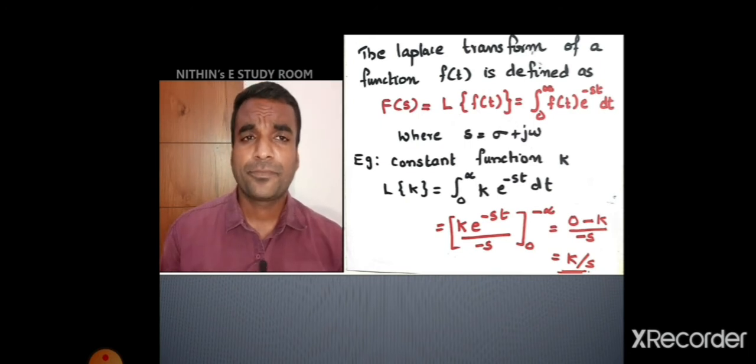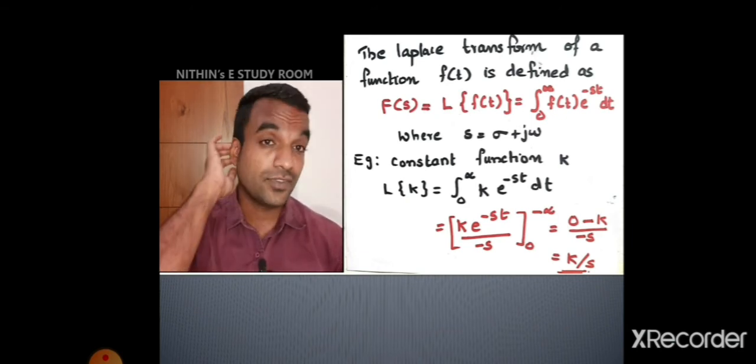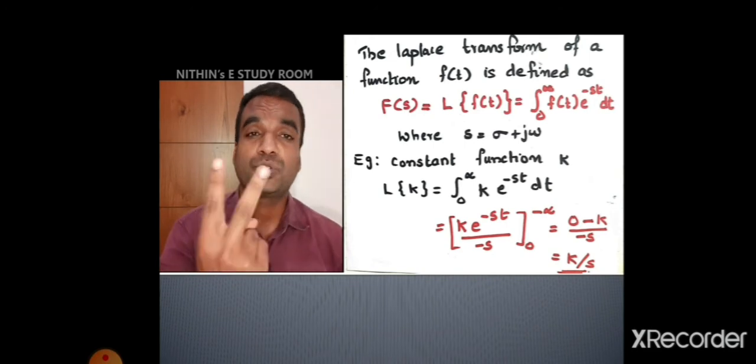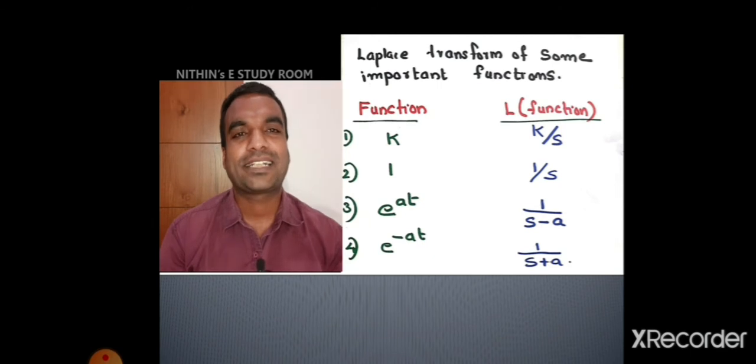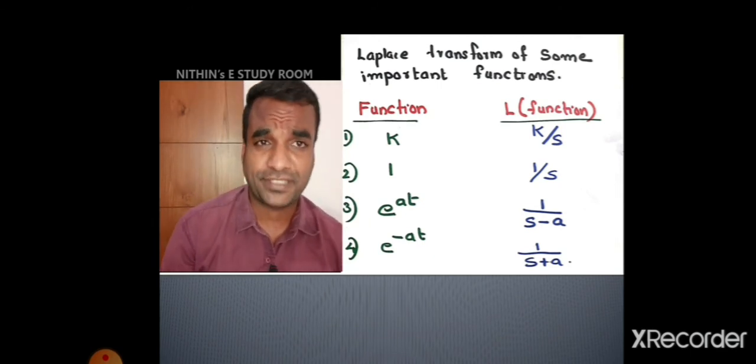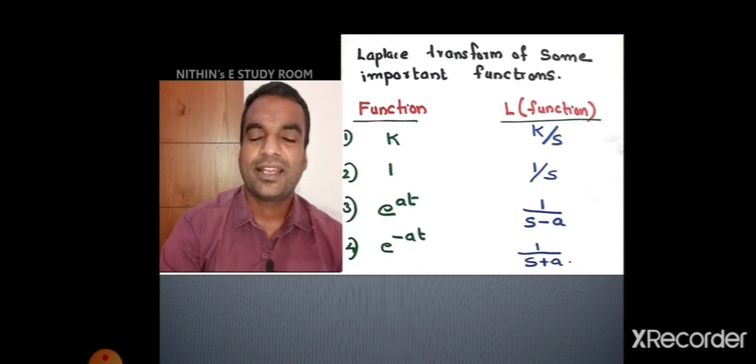For example, for k in time domain, its frequency domain is k by s. If k is equal to 1, the value of the constant is 1, that is 1 by s. If the value of the constant is 2, that is 2 by s, like that. So we can memorize the Laplace transform of some important functions. If the function is k, the Laplace transform is k by s.